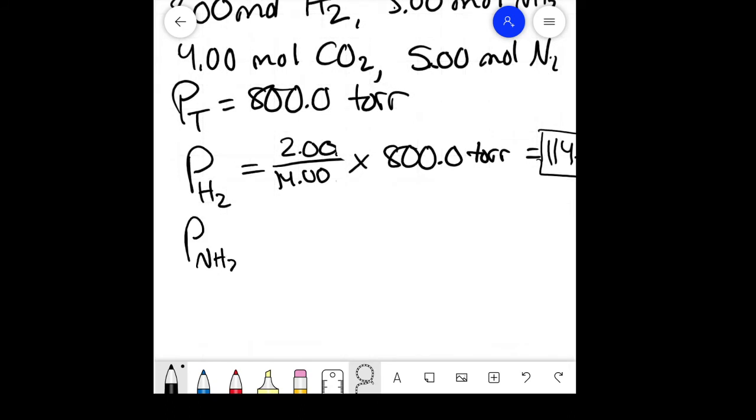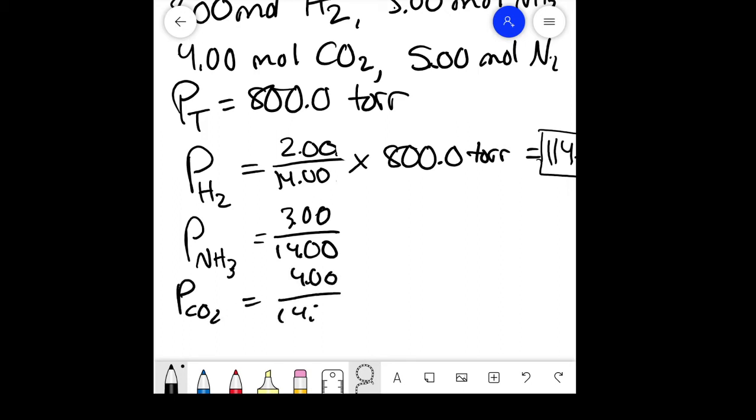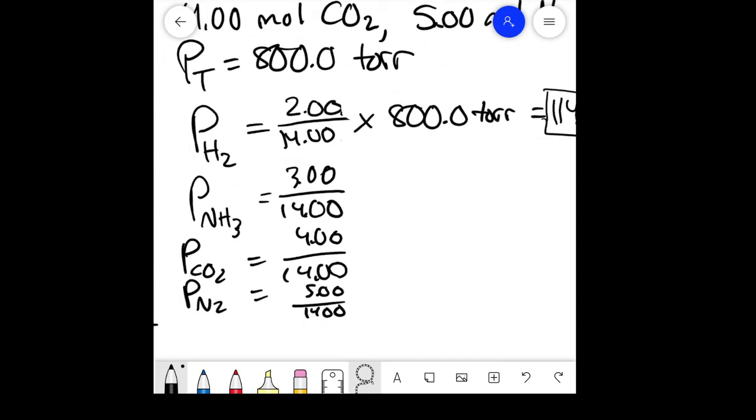Now, if you were to do the mole fractions for all of the elements, say if we did ammonia, it would be 3 moles over 14. If we did CO2, that would be 4 moles over 14. And then nitrogen would be 5 moles over 14. We times each by 800.